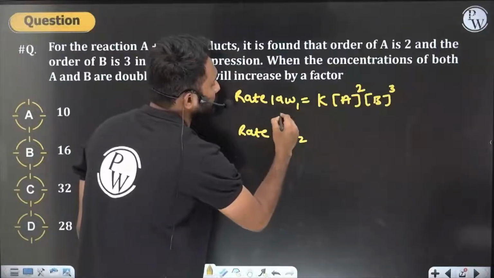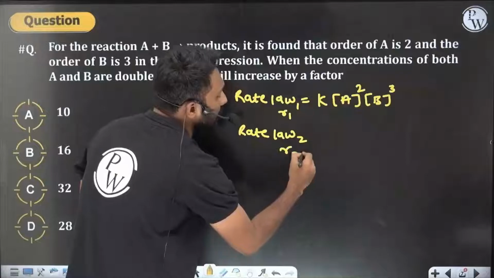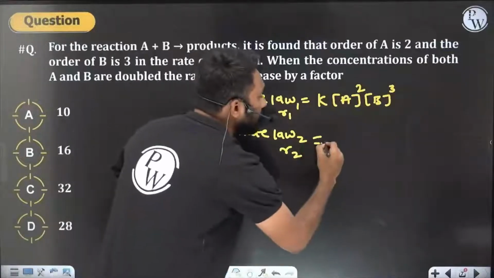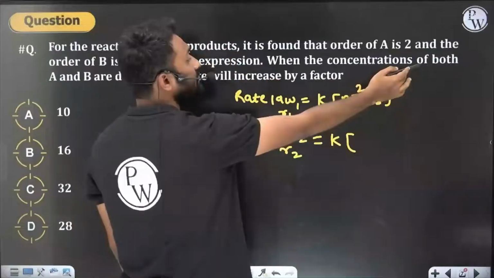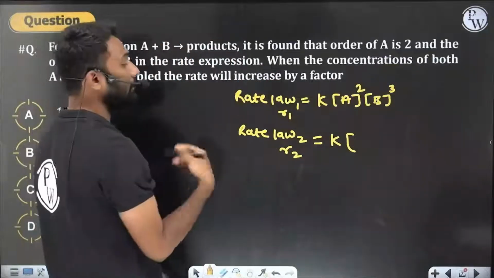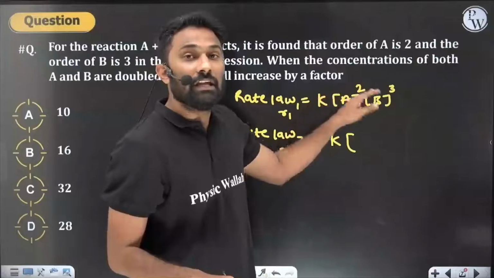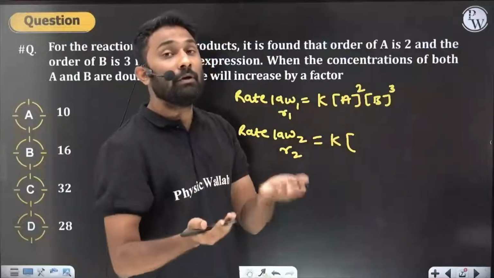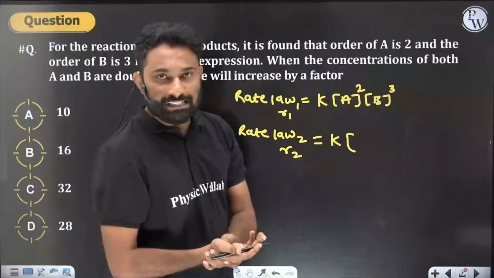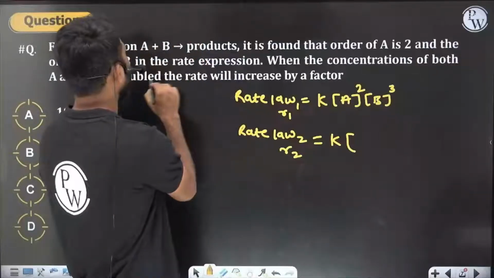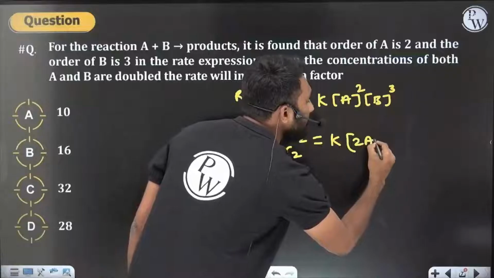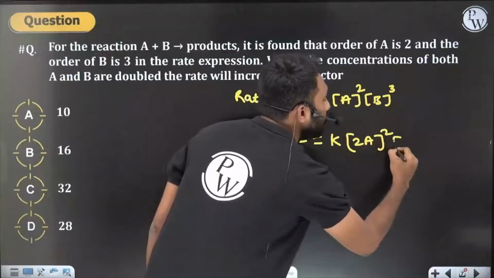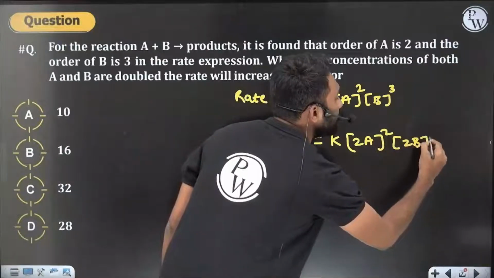Here take small r1, and from here take r2. Here K into, now what is it saying, when the concentration of both A and B are doubled, if they are doubled, the rate will increase by the factor: 2A into concentration of 2B.